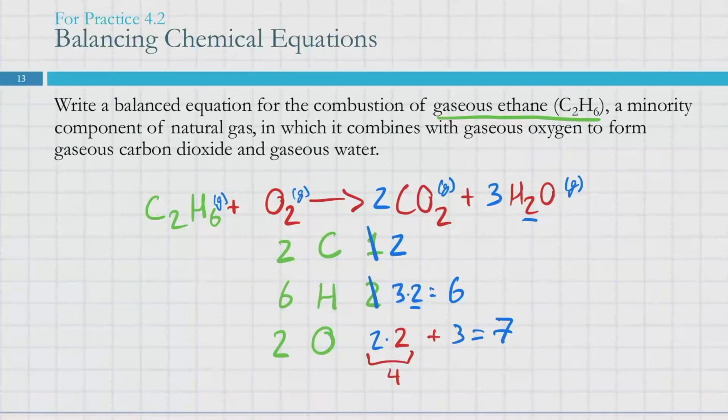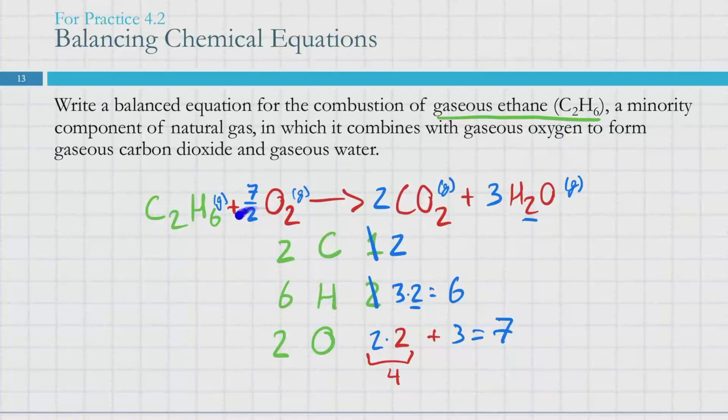So we've got 7 on the right side and 2 on the left side. What can we multiply 2 by to get 7? 3.5, or 7 over 2. They're the same. So if we do 7 over 2, the 2 that we have multiplied by the 2 goes away, and then we're left with 7 oxygens.